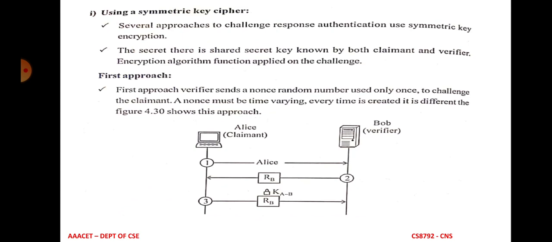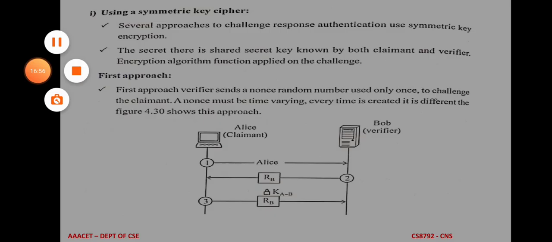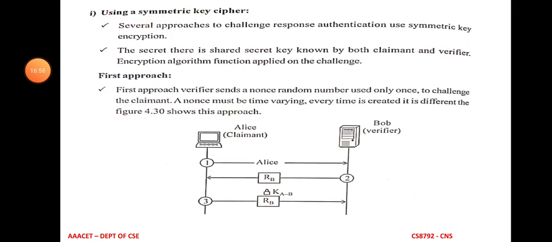So there are several approaches to challenge response protocol using symmetric key encryption. The concept is the secret that is shared between both claimant and verifier, along with an encryption algorithm. So this is the diagrammatic format for the symmetric key cipher challenge response protocol.